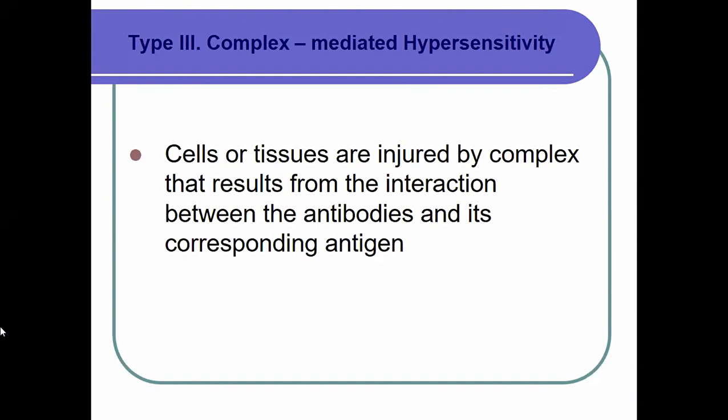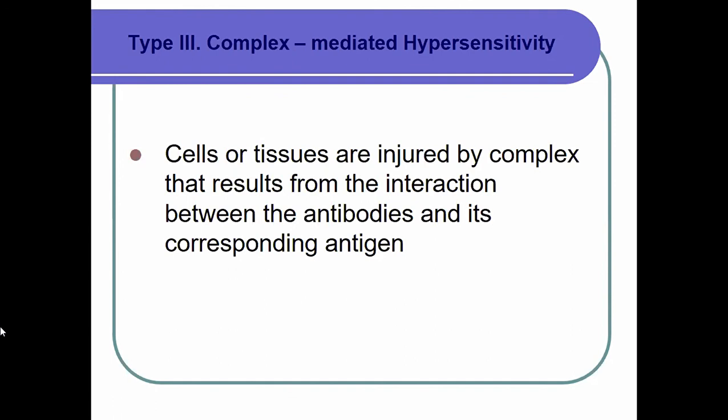The third type is the immune complex mediated hypersensitivity reaction. Here, because of the presence of the antibodies and the antigen complexes formed, it is the one responsible for the destruction.